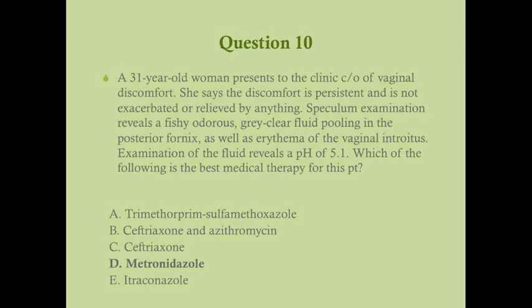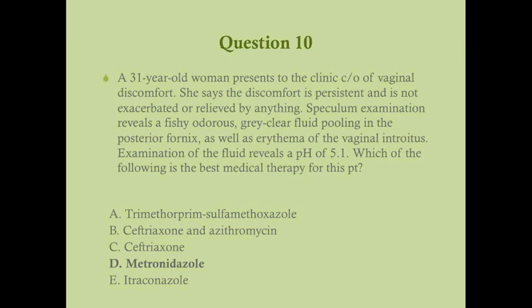Ceftriaxone, generally, is given for the gonorrhea part, but we give ceftriaxone and azithromycin at the same time if we diagnose chlamydia or gonorrhea. Metronidazole is the correct answer here, and itraconazole would be for the yeast infection.